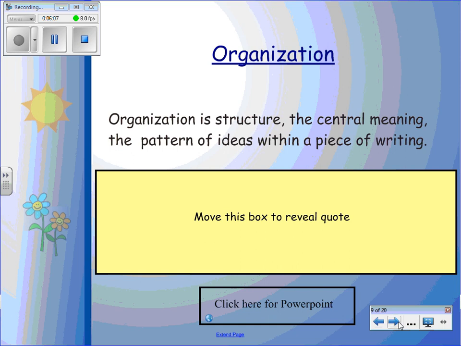Third, we have organization. Organization just means it's the structure of a paper. It also kind of flows with ideas, because when you have good ideas, you have to have good structure. You want it to be clear-cut, that your ideas are clear, and it's organized in such a way that the reader is not getting lost.